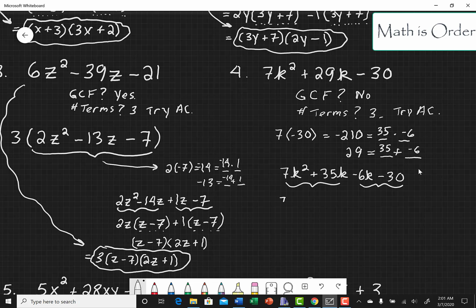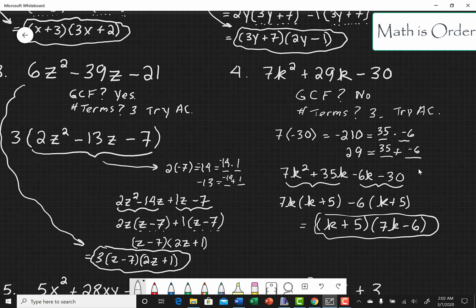We're going to have 7k that can come out of the first two, leaving us k plus 5. Minus 6 can factor out of the last two, leaving us k plus 5. K plus 5 in both terms, giving us k plus 5 times 7k minus 6. And this is our final answer, right? So this thing factors as this.